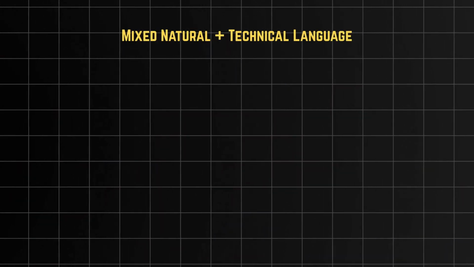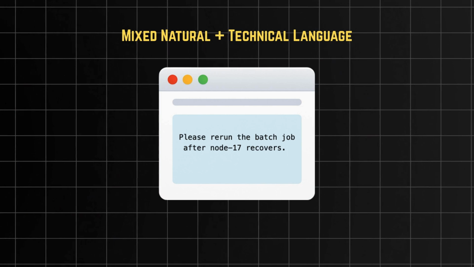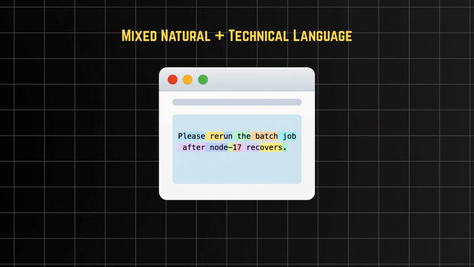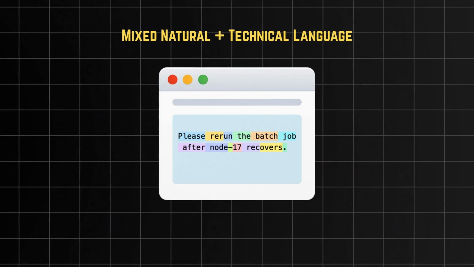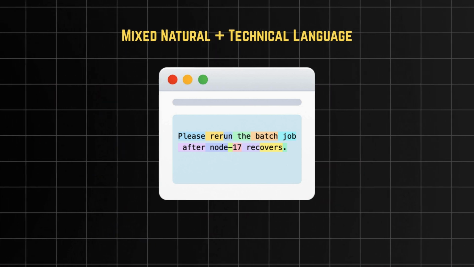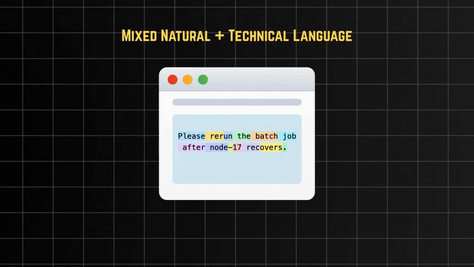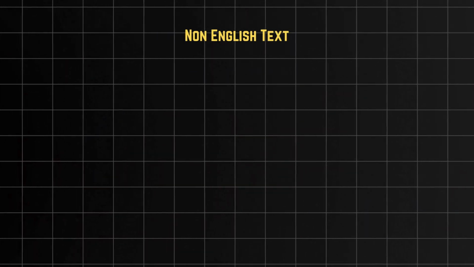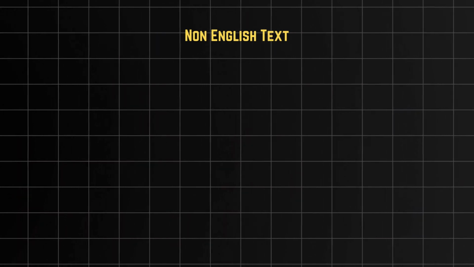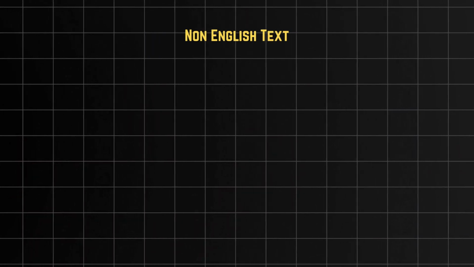Third example is mixed technical language, half natural language, half technical. So the hyphen, identifier, and number all contribute additional tokens. So a short sentence in a chat interface can cost you twice what you would expect. And the fourth example is non-English languages. And this is one of the most underappreciated problems in global products.